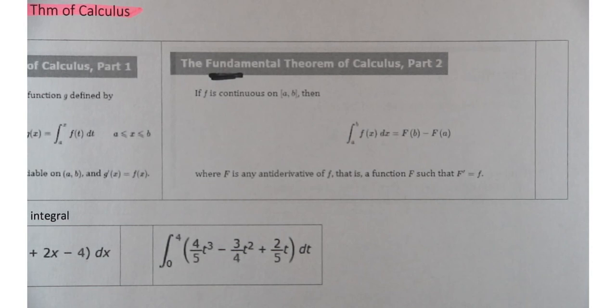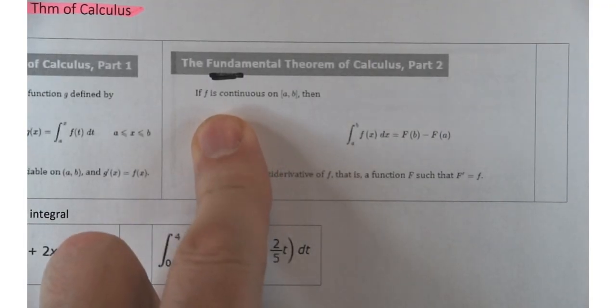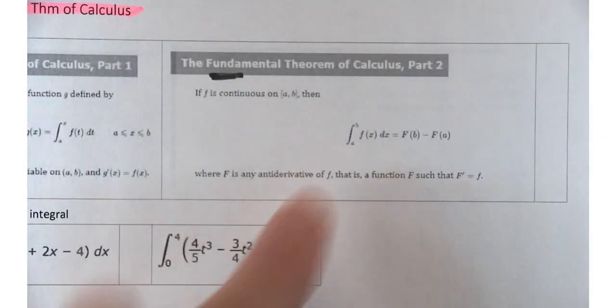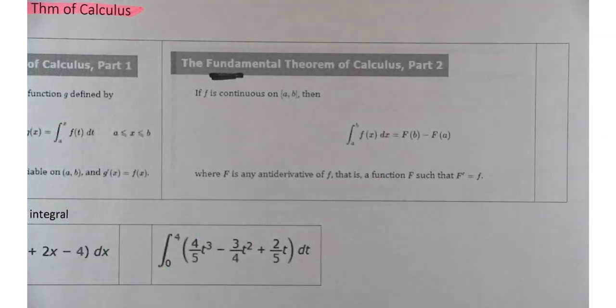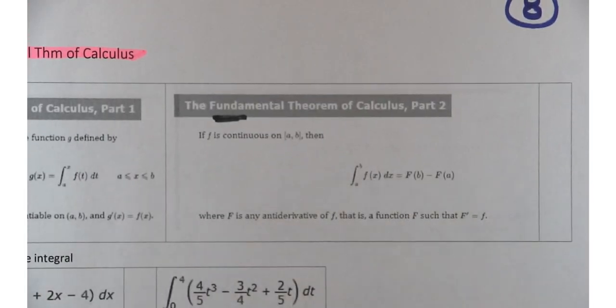So now, what this says is if you have a continuous function and you want to find this integral, what's that integral represent in terms of a graph? The integral from a to b of f of x dx.